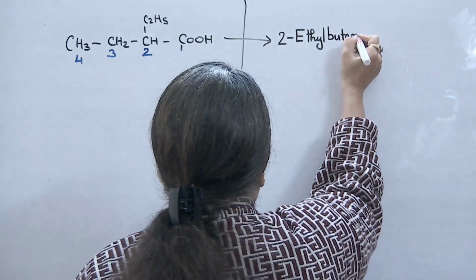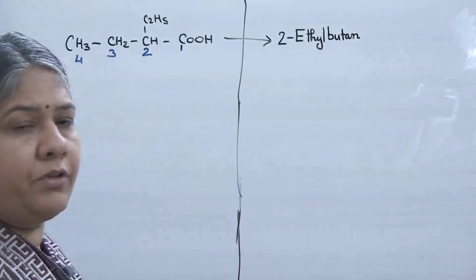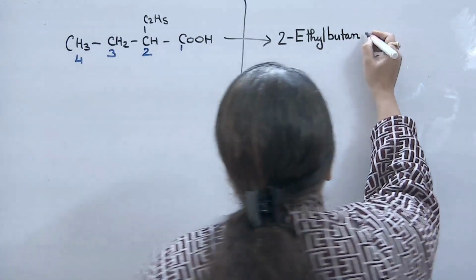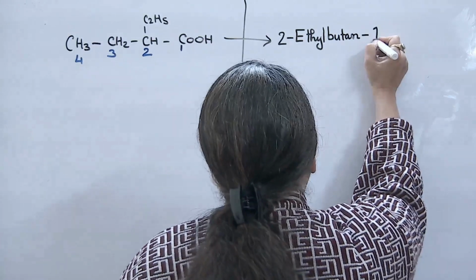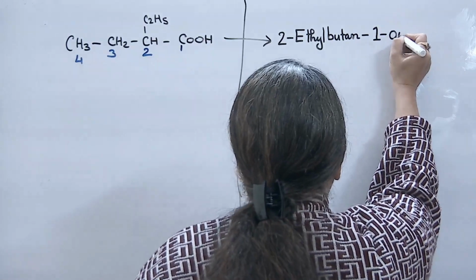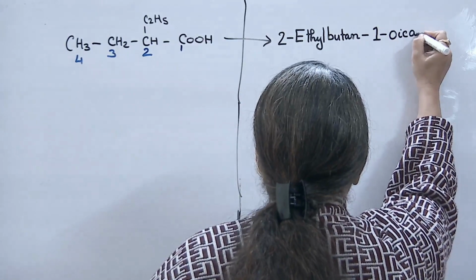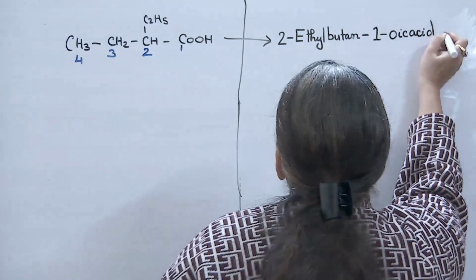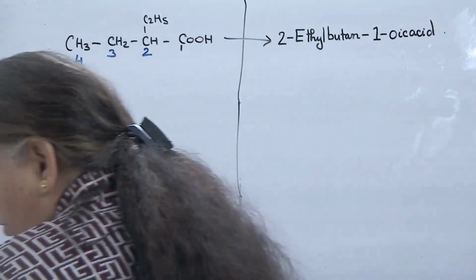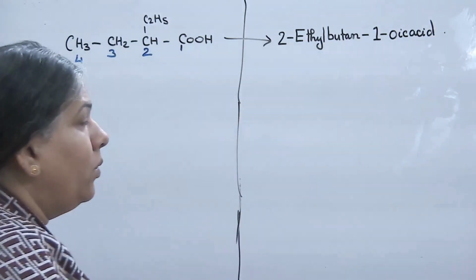Butane. Remove E of the butane. Put a dash. 1-oic acid. So this is 2-ethyl butane 1-oic acid.